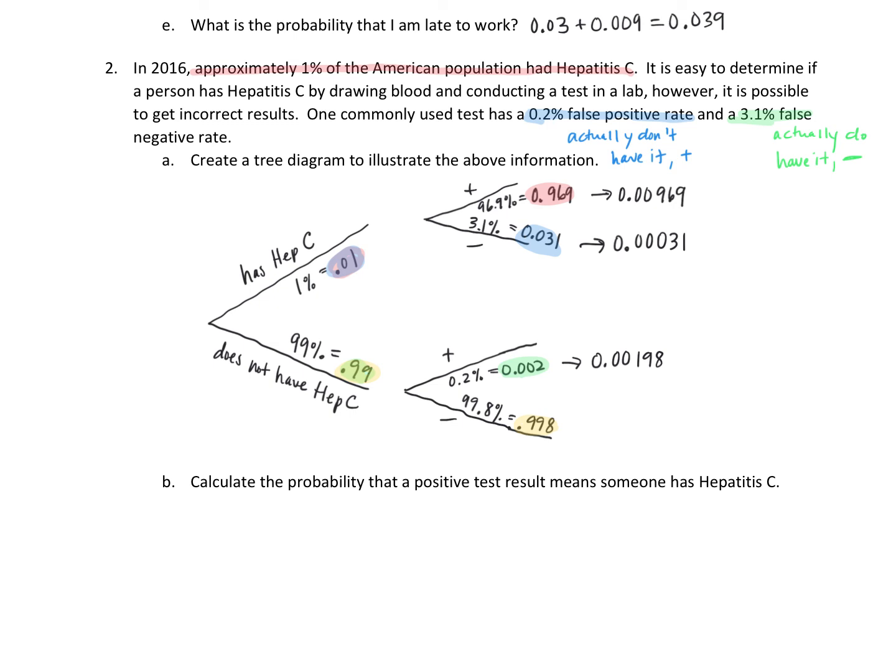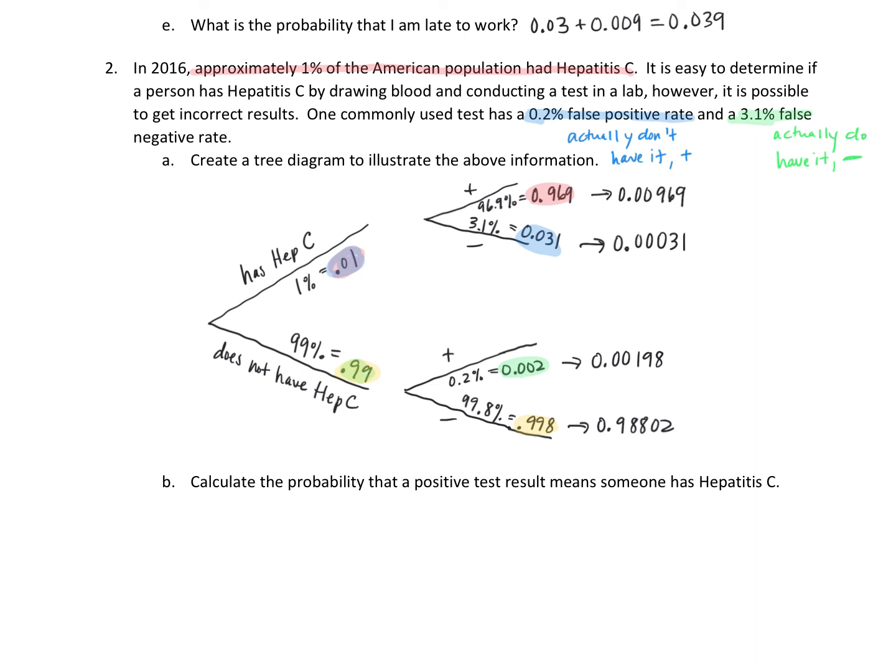So you would find that by multiplying 0.99 times 0.998, and for that you would get 0.98802. And again, if I add that 0.98802 plus the number above it, 0.00198, you will see that that adds up to 0.99, which was our original decimal for the does not have hep C. Okay, so there are our joint probabilities.